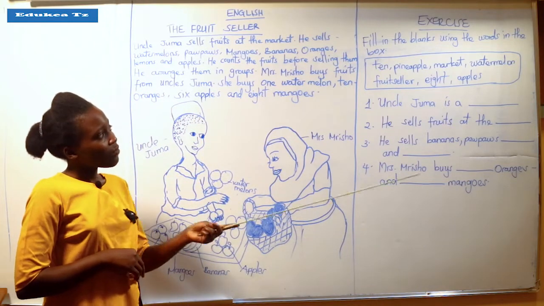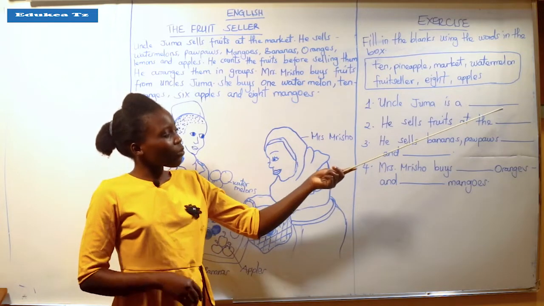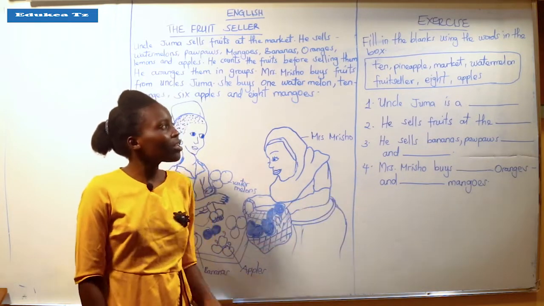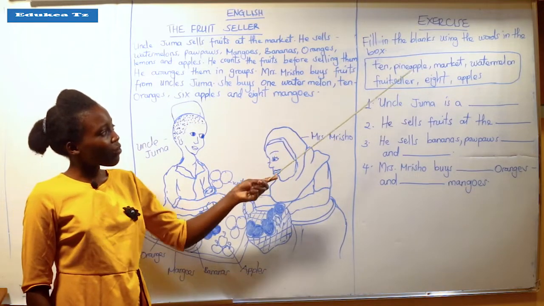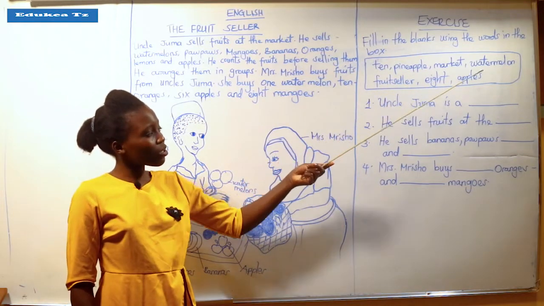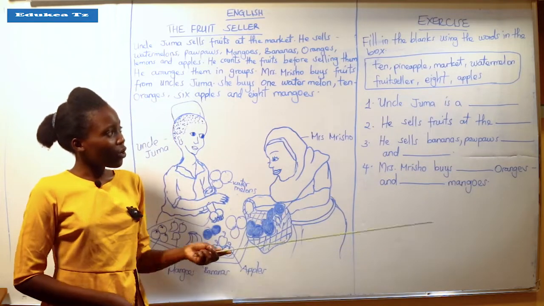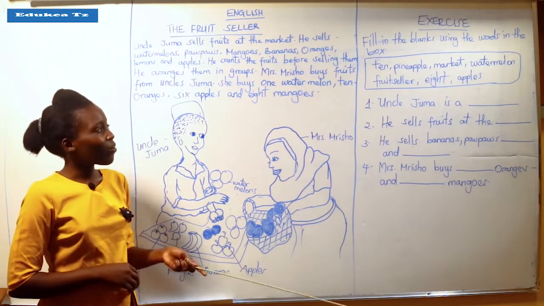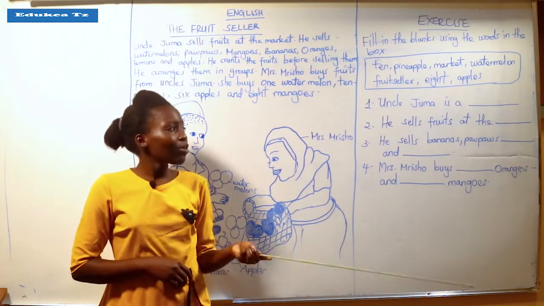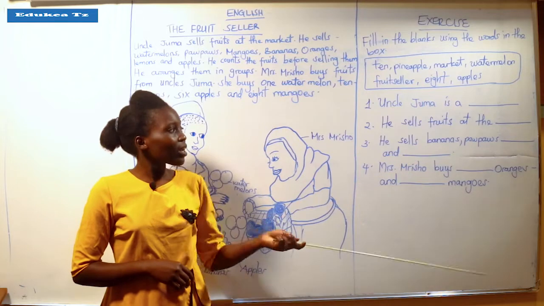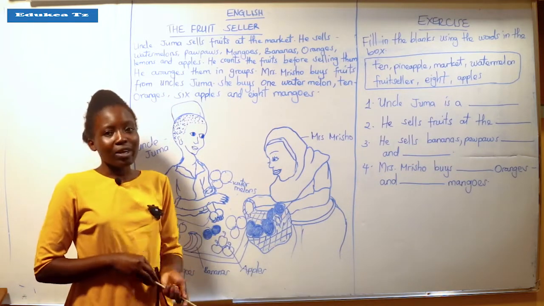We are told to fill the blanks using the words in the box. We are supposed to fill the spaces provided using the words in the box. You will choose the correct word from this box, and then use it to fill in the blanks provided.